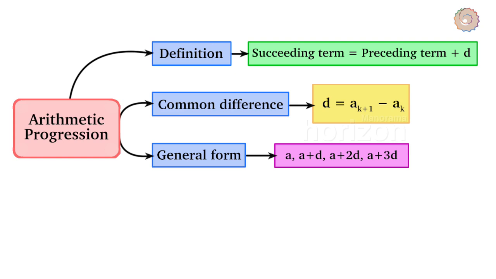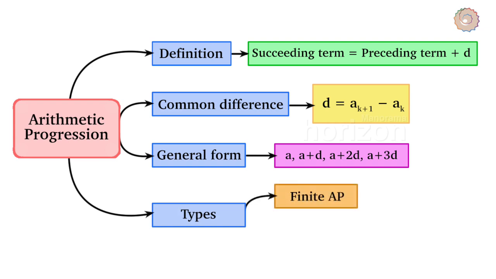Also, we have discussed the types of arithmetic progression, finite and infinite arithmetic progression. Finite arithmetic progression is the one with a finite number of terms and also has a last term. Infinite AP is an AP with an infinite number of terms, that means it does not have any last term.